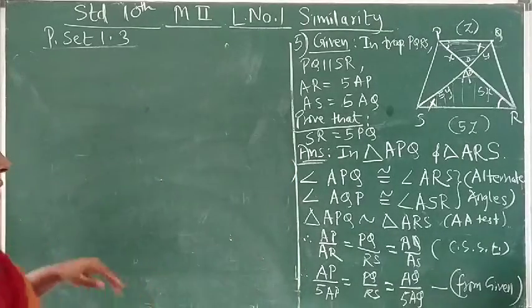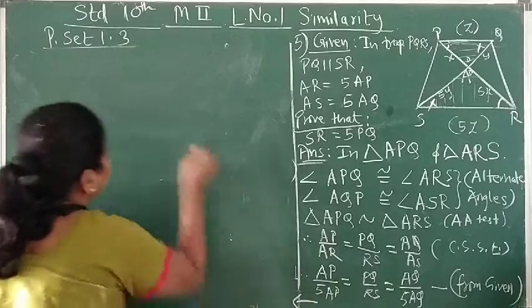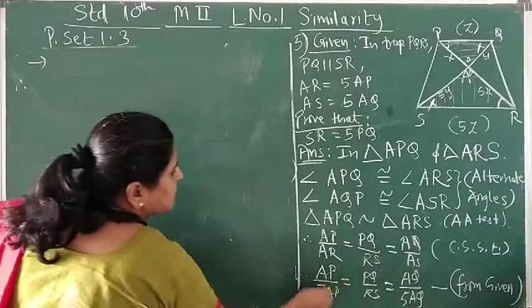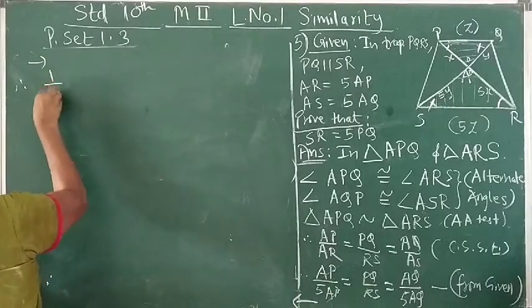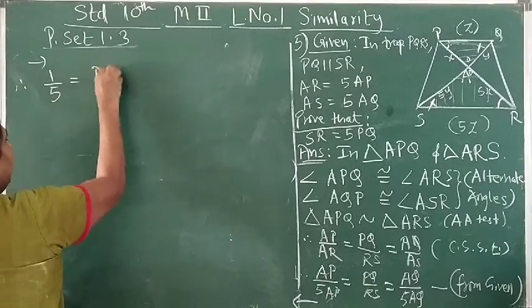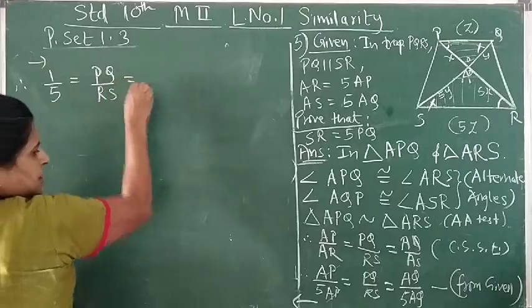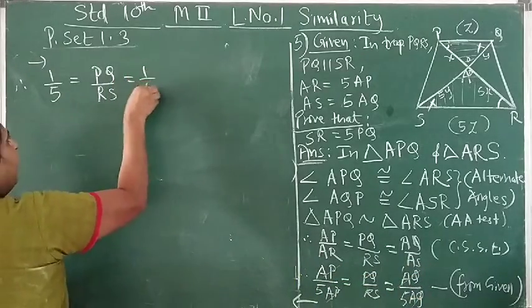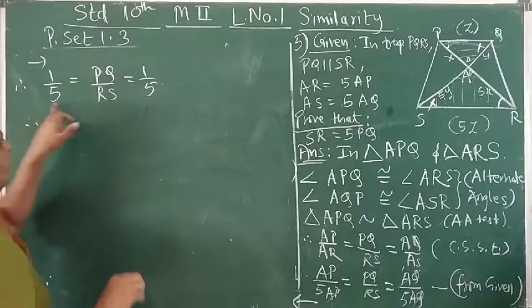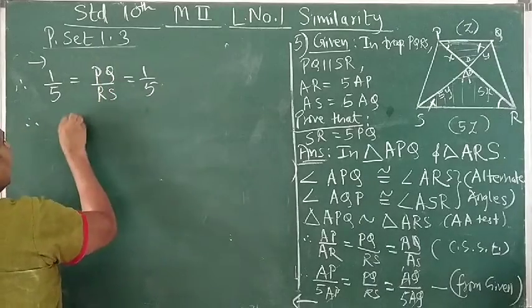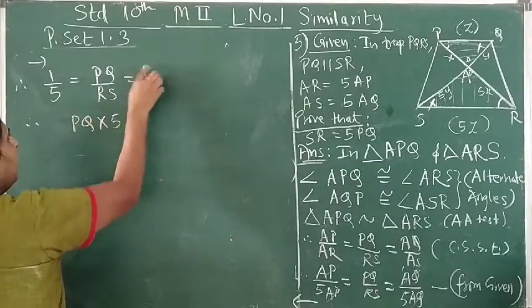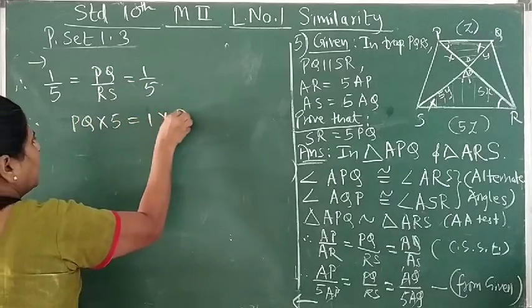Now from here, let's start. Therefore, AP will get cancelled with this AP, therefore 1 upon 5 is equal to PQ upon RS, is equal to, here also AQ can get cancelled, and it will be 1 upon 5. Therefore, all these ratios are the same. And therefore PQ into 5 is equal to 1 into RS.